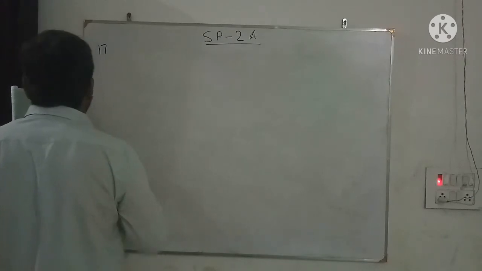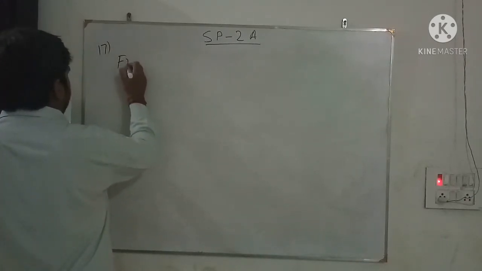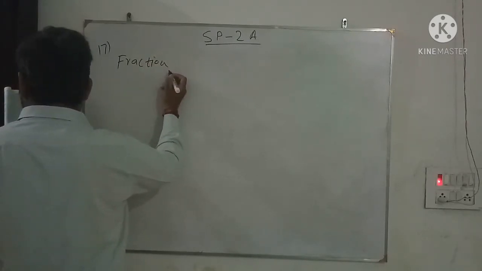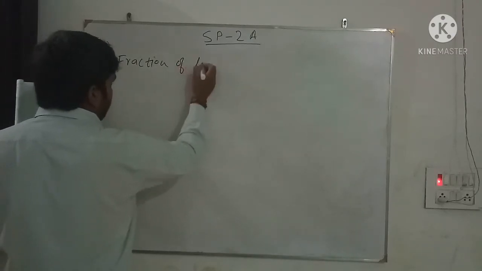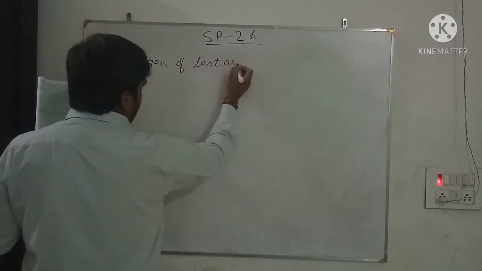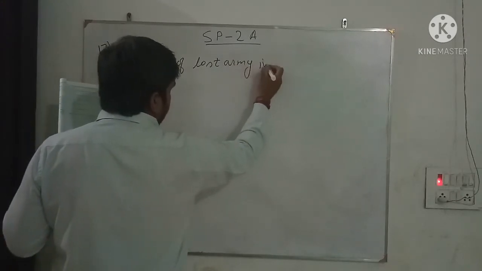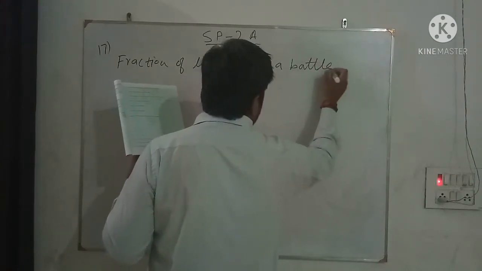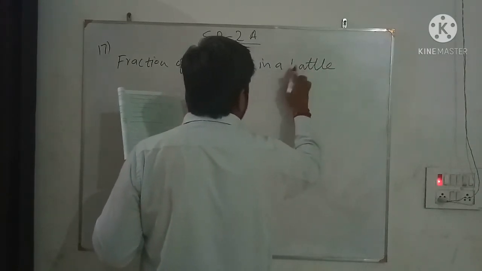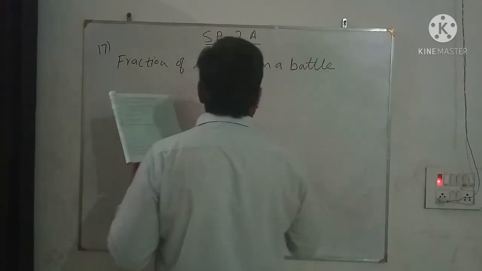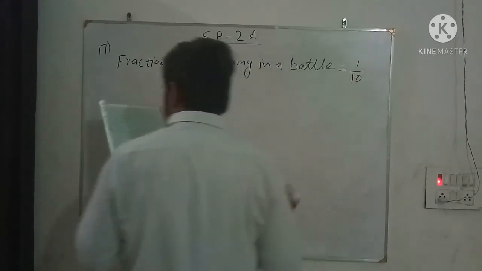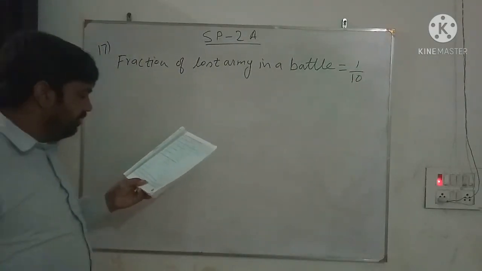So what we write, fraction of lost army in a battle equals to 1 by 10 of its total members in a battle. And 1 by 5.